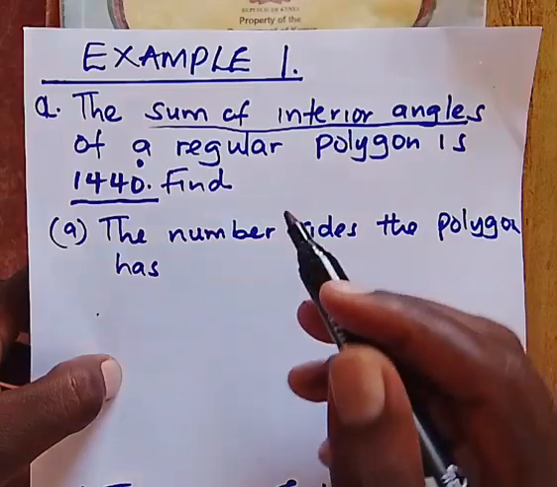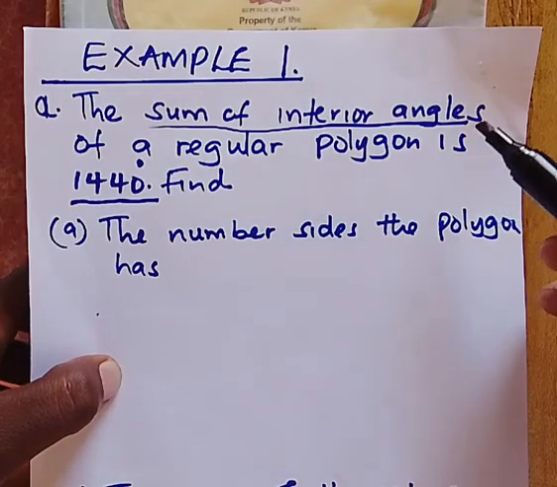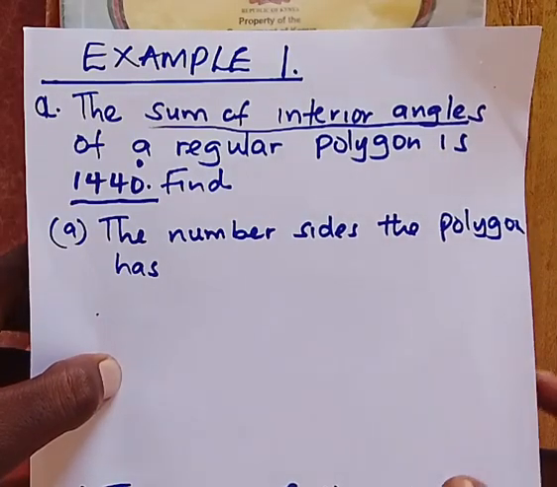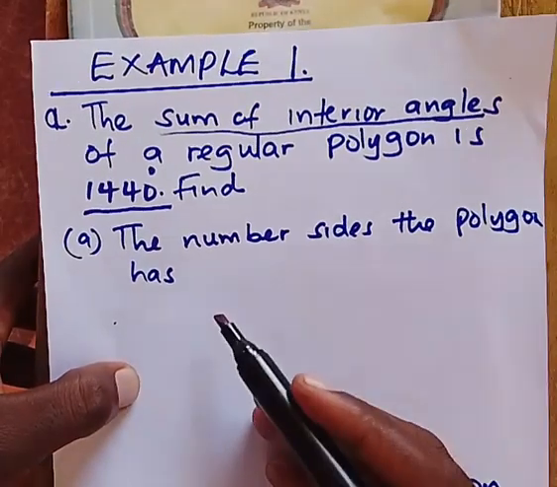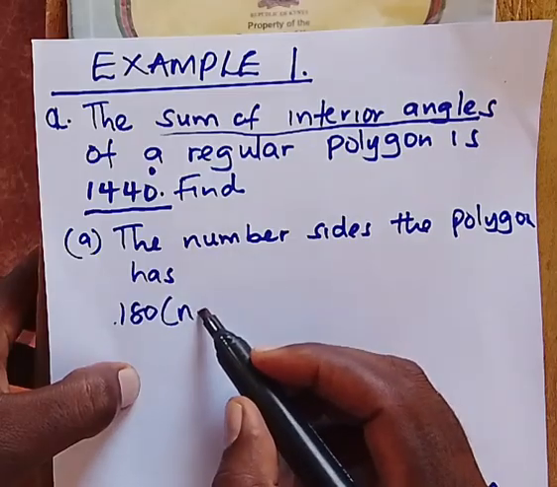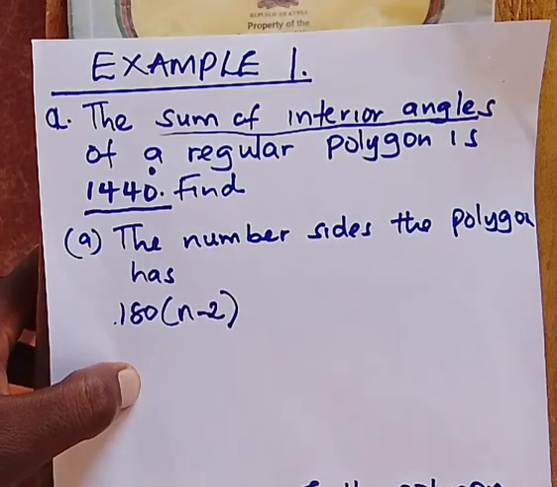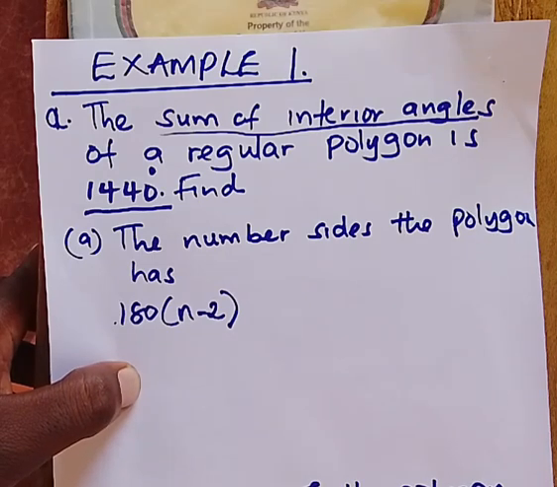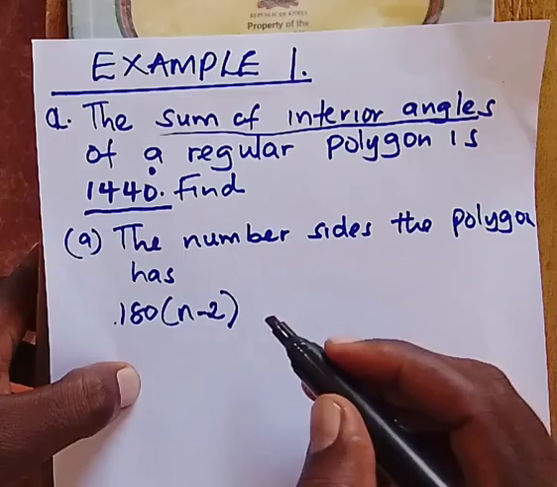So here we know the formula for finding the sum of the interior angles of a polygon is 180 into n minus 2. That is the formula for finding the sum of the interior angles of a polygon.